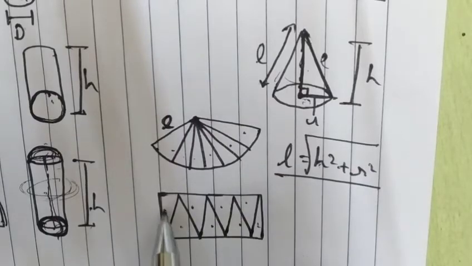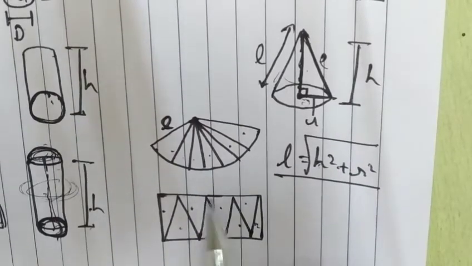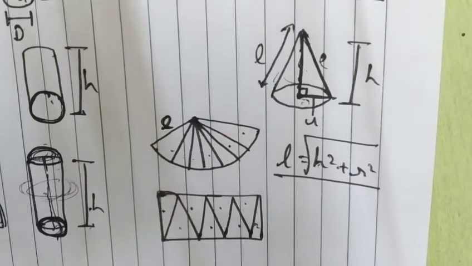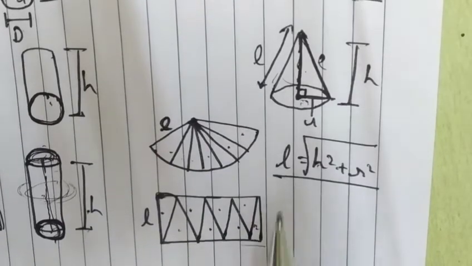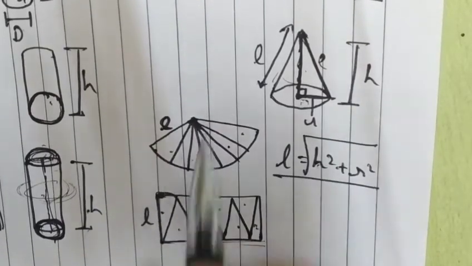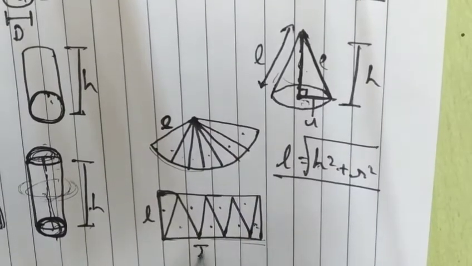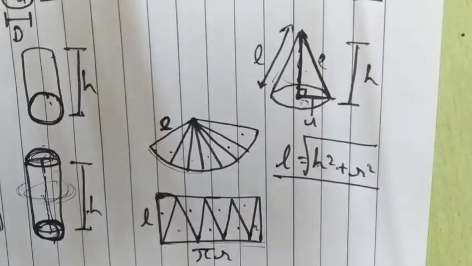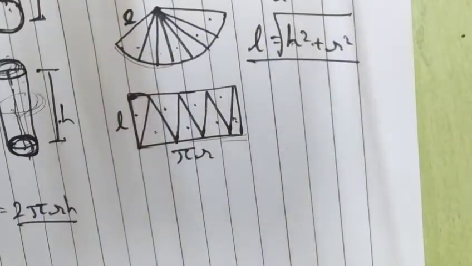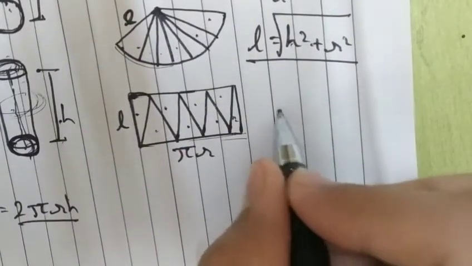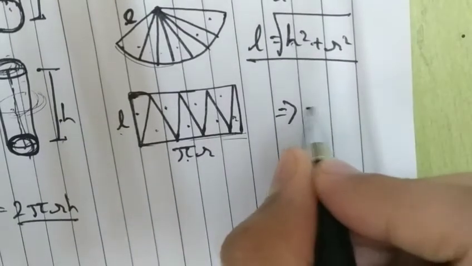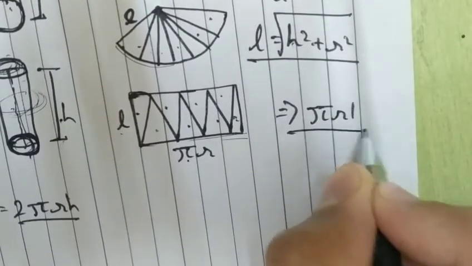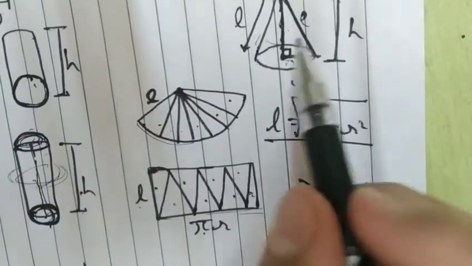So now it will look approximately like a rectangle with breadth L. What is the length? Length is the arc. This length of arc is pi r. So now curved surface area equal to area of rectangle, that is L into pi r, that is pi r L. So this is curved surface area, not total surface area.